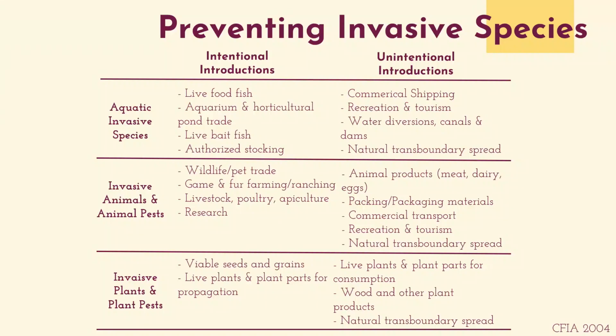Unintentional introductions pose a tougher challenge for officials working on prevention because, well, they happen by accident. As I previously mentioned, it is impossible to check every piece of material coming into Canada, which is why if you've ever crossed the border, you might remember having to answer questions about whether or not you're carrying any plant or animal material.